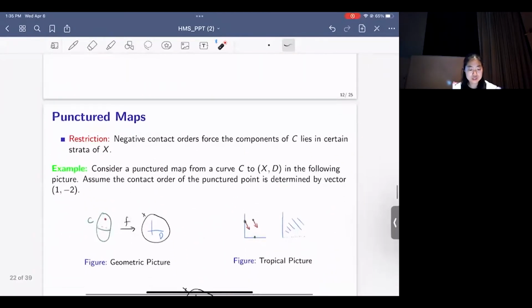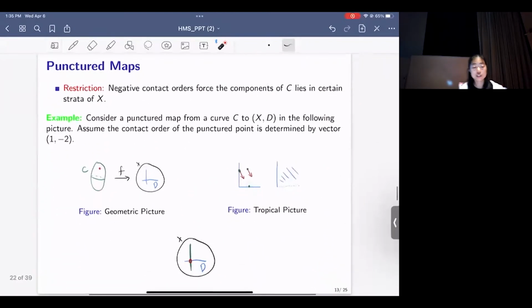And here is an example of the thing I just claimed. Let's consider a punctured map from a curve to X_D in the following way, where I have a rational curve with 1 punctured point, and I fix my contact order to be something like 1, -2 over here, which means it goes in this direction.